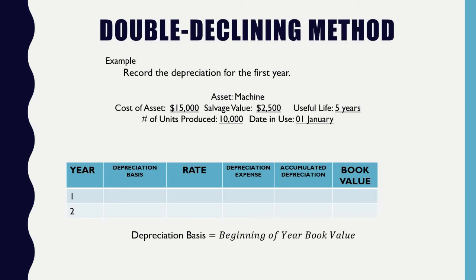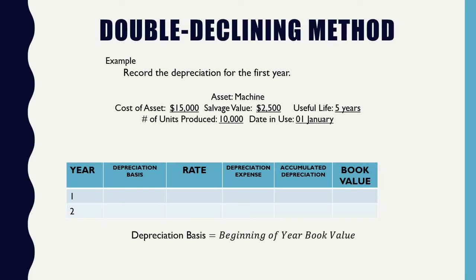So in this case, the same exact scenario, except now I have 2 components: an estimated useful life and the units it can produce. Because we're using double declining, we don't care about how many units this machine can produce. We care about how long it's going to last me. What's the estimated useful life that this machine is going to carry on for?